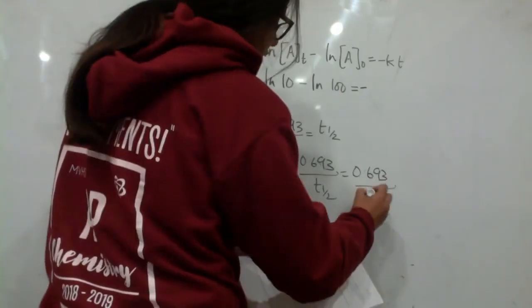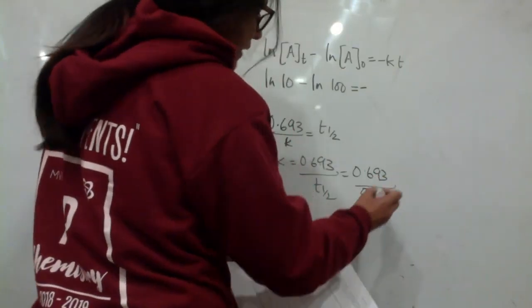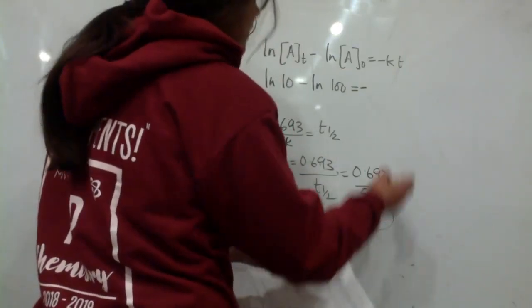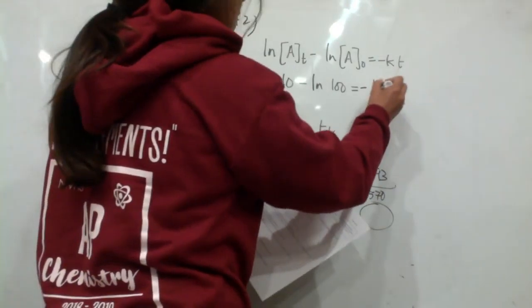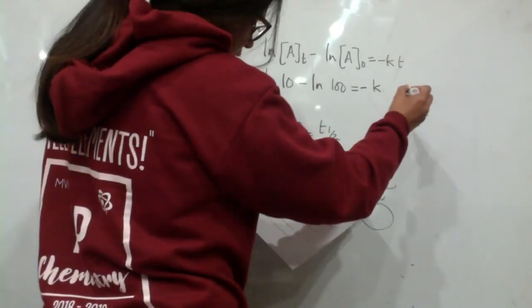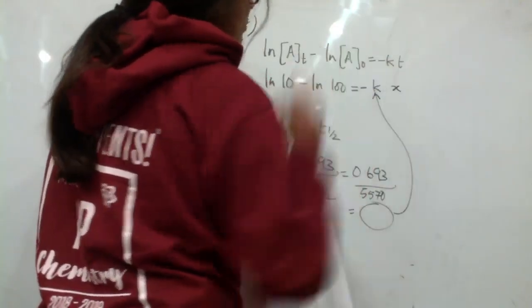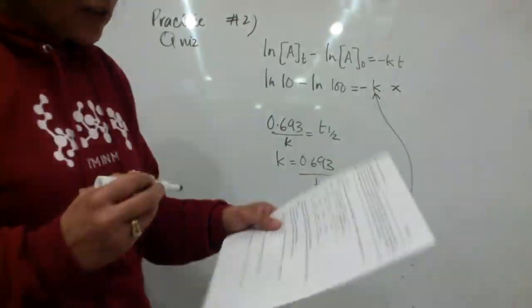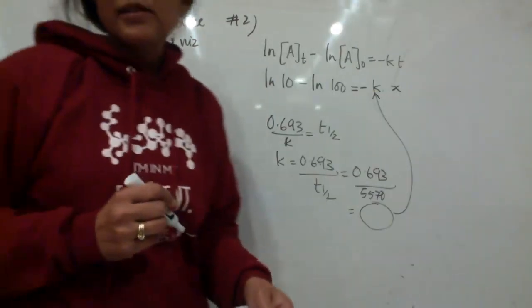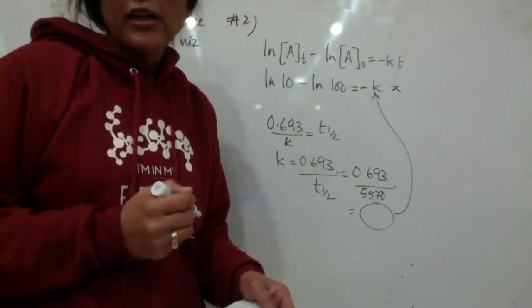We'll leave it in years, 5570, and we will get whatever the value here is. And then you put this K, and time is in how many years, right? So time is X, and this K value you can put there. And when you solve it for that, you should get your answer. Please do the problem, Harshita, and tell me if you got it.